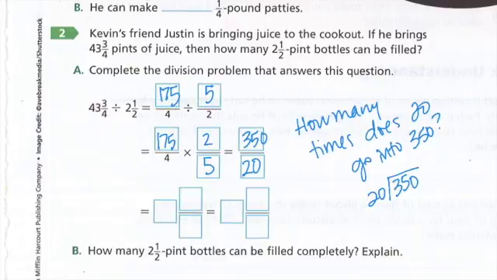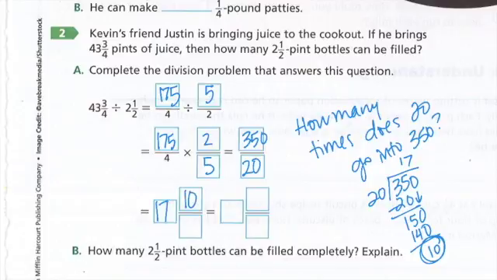So you're going to say, okay, 20 goes into 35 one time, subtract, bring down the 0. 20 goes into 150 7 times, that's 140. There's 10 left over. Remember, our remainder becomes our fraction. So 17 is the whole number, and then 10 is the numerator, and our denominator is still 20.